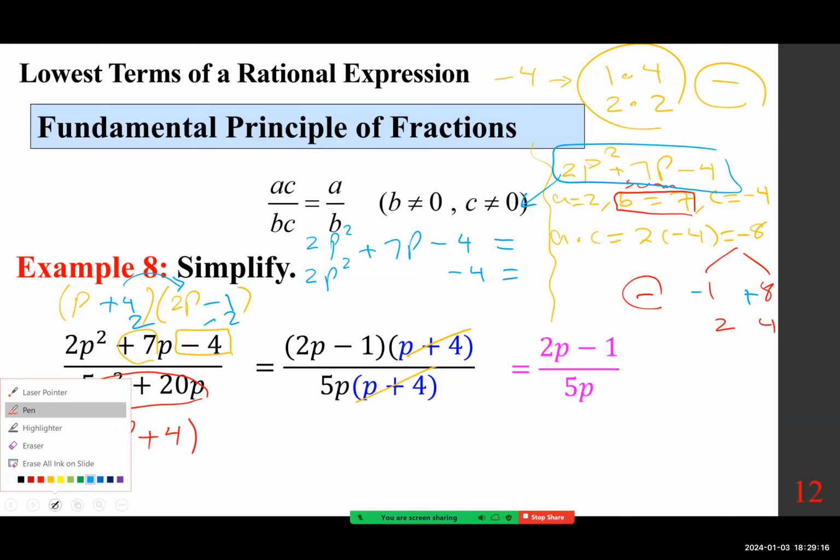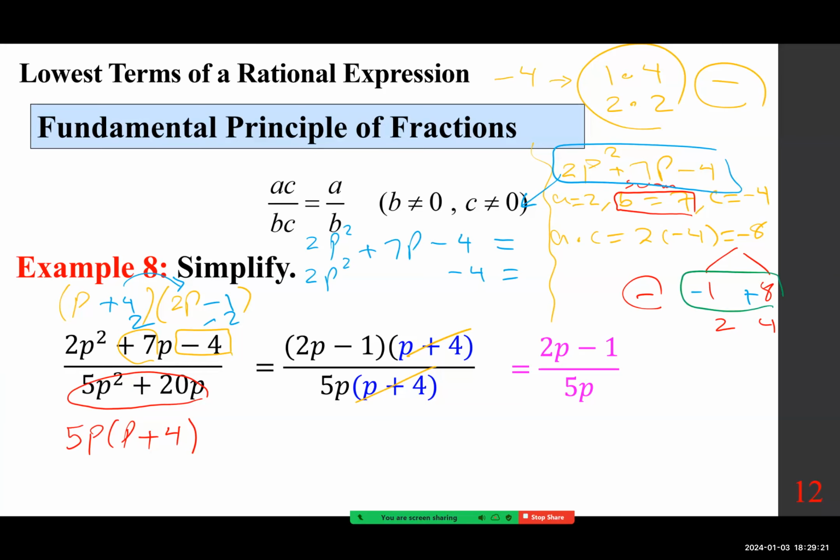And now we pick those numbers, minus p plus 8p. So you cut them in a format such that you can factor them by grouping.